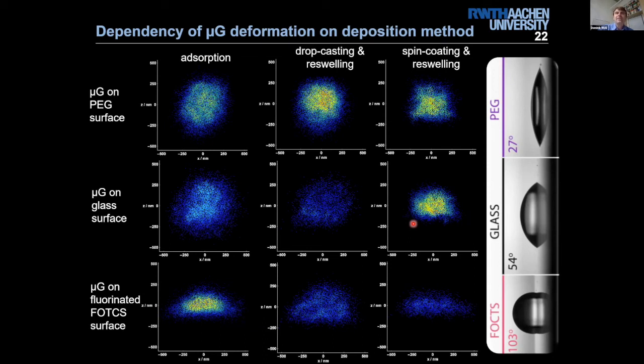This is otherwise really hard, or almost impossible, to do with other methods. You cannot really use in situ electron microscopy for this. AFM, of course, gives you the surface, but not really the inside. So this is really a very nice method to do this.